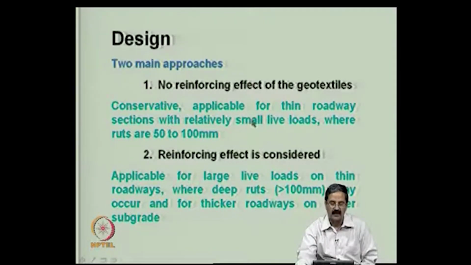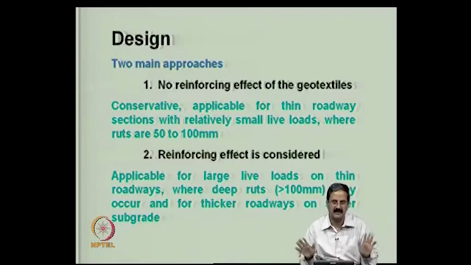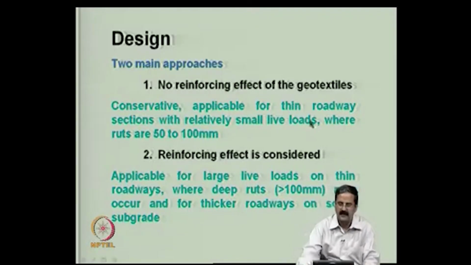When the rut depths are small or loads are quite less, like a simple village road where there is not much traffic, one can take a geotextile which can just work as a separator. Our objective is to see that they do not get mixed up, nothing else. So, you can use any material that can serve that function, but durable, right.